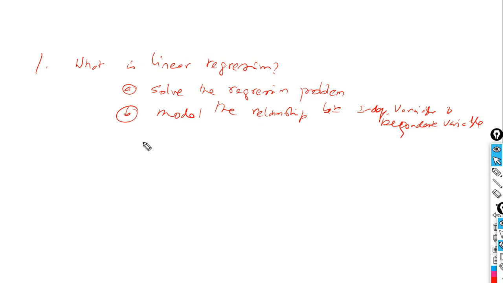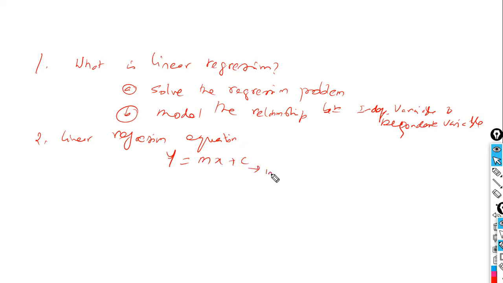What is the equation for the linear regression algorithm? Linear regression equation: y = mx + c.